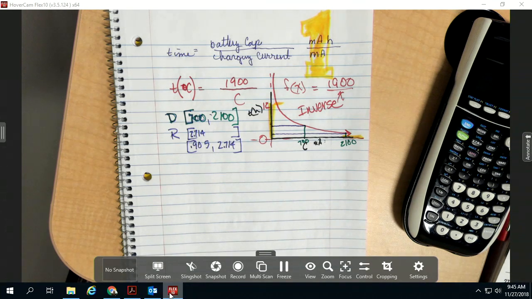It will take between 0.905 hours and 2.714 hours for it to charge. Everybody good with that? Make sense?